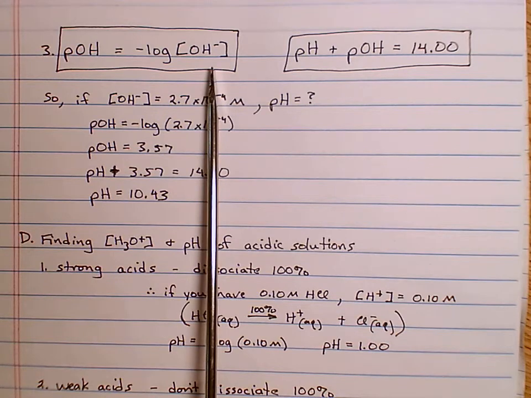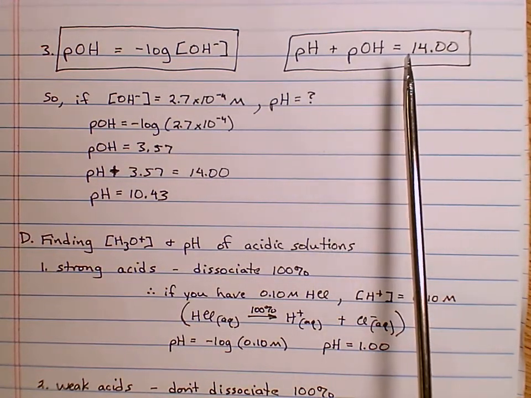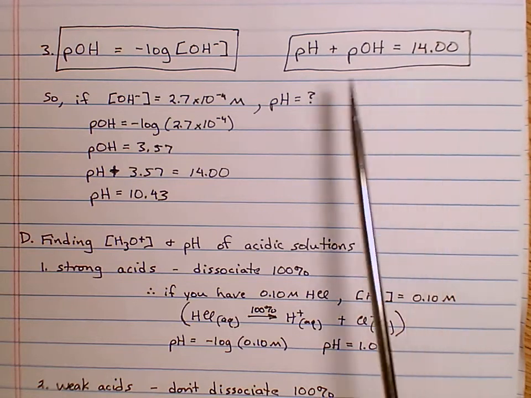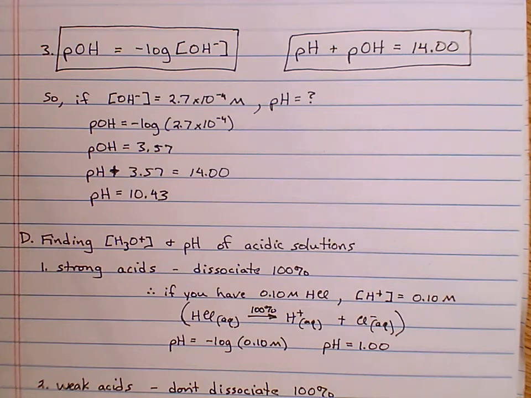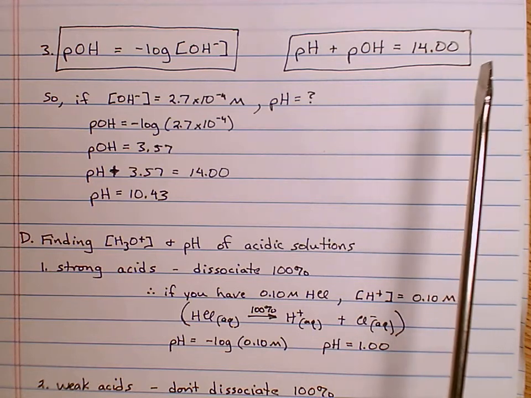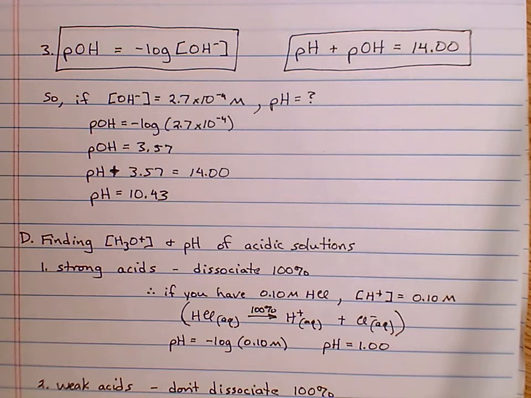And with a little math, a little derivation, we find that the pH plus the pOH must equal 14. It's just, when you do math with logarithms, remember the rules of logarithms from algebra class, you can just take the Kw equals concentration of H plus times the concentration of OH minus, take the negative log of both sides, and this is what you get. So that makes it easier.